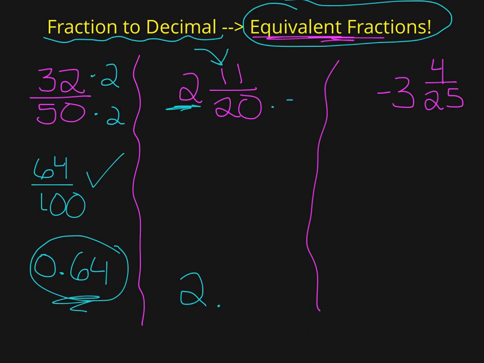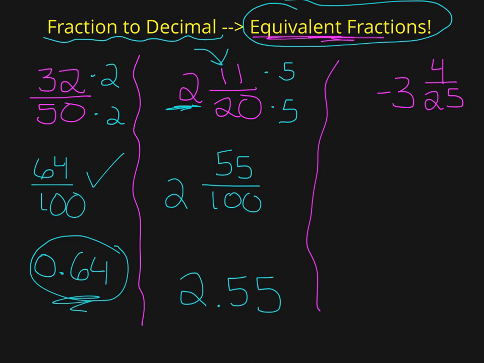So if I multiply the denominator by 5, I must multiply the numerator by 5. 11 times 5 is 55. So 55 hundredths, 0.55, carry the 2 down. 2 and 55 hundredths. All right, next one all together, and I'm going to give you 3 I want you to try on your own.